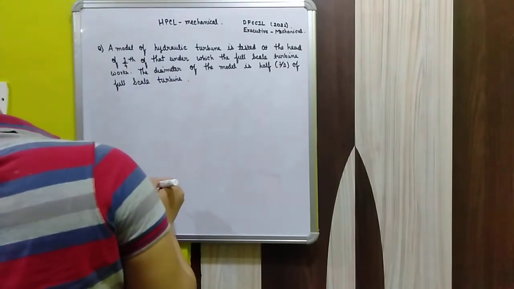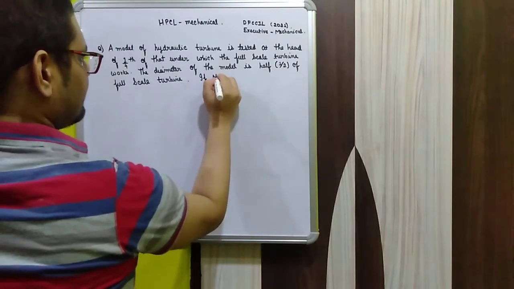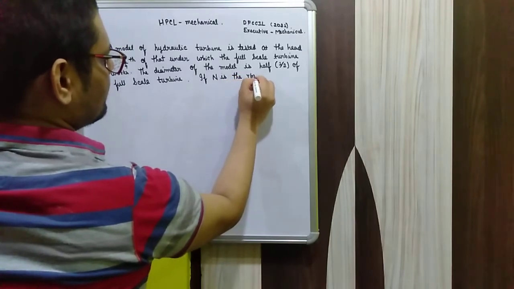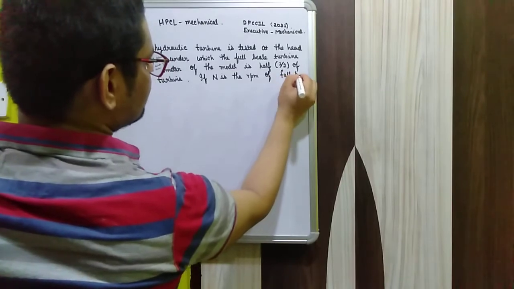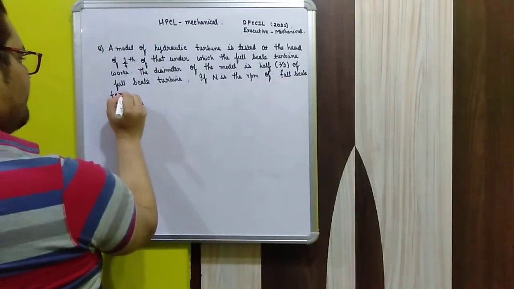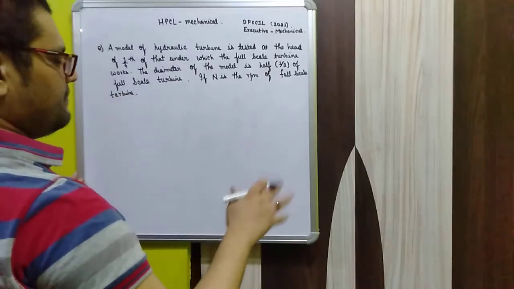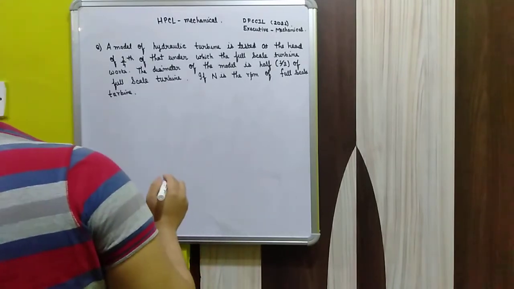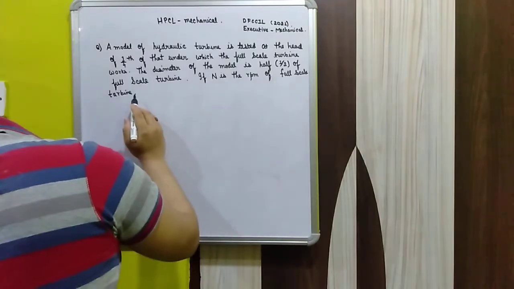If N is the RPM of the full scale turbine, N is nothing but the speed at which the turbine wheel rotates.